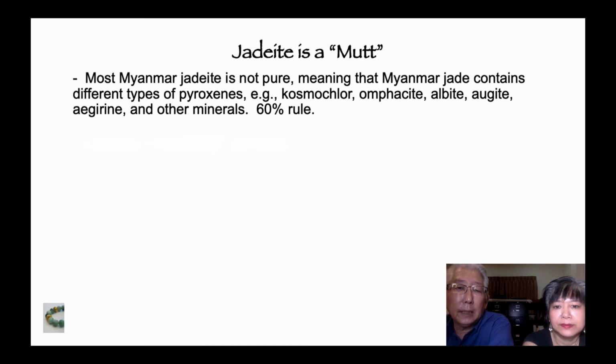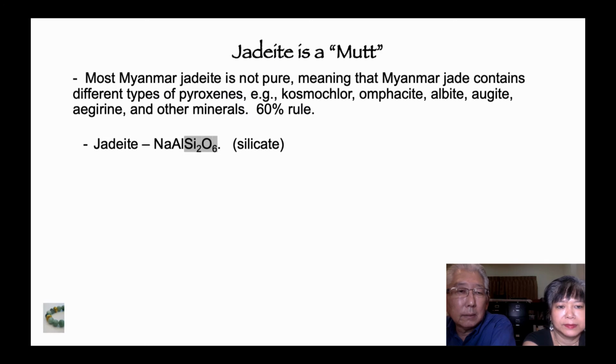What she says is there are 4 jades that fall under that fei shui umbrella: jadeite, nephrite, cosmochlor, and omphacite. This is something that we learned fairly recently.